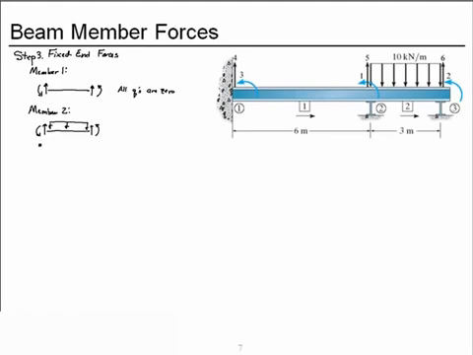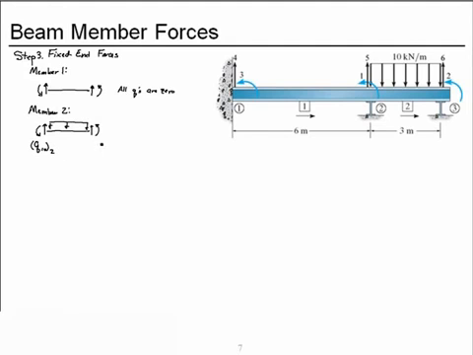At the left end, for member 2, the moment will be Q1 naught, for degree of freedom 1, naught for fixed end force, and subscript 2 refers to it comes from member 2.